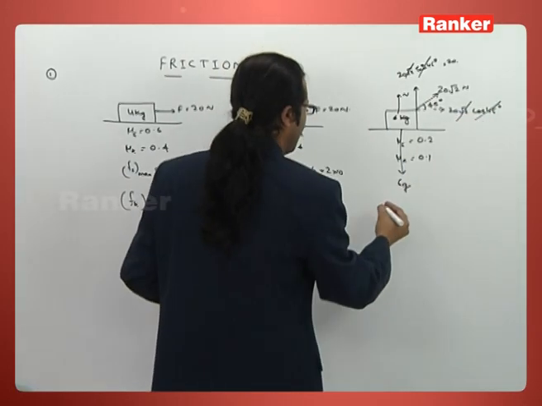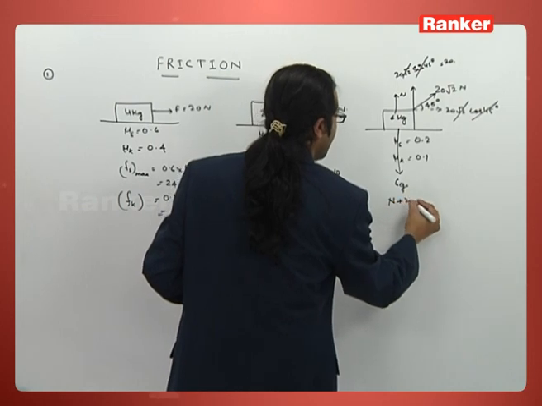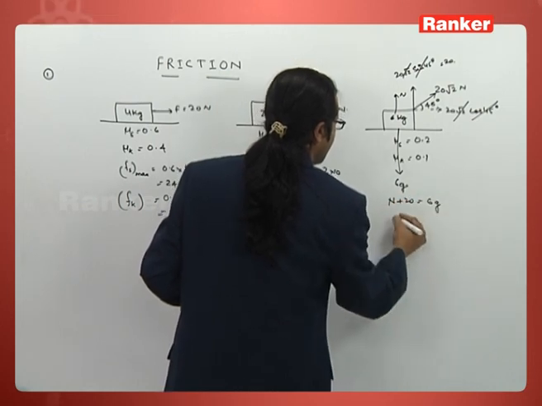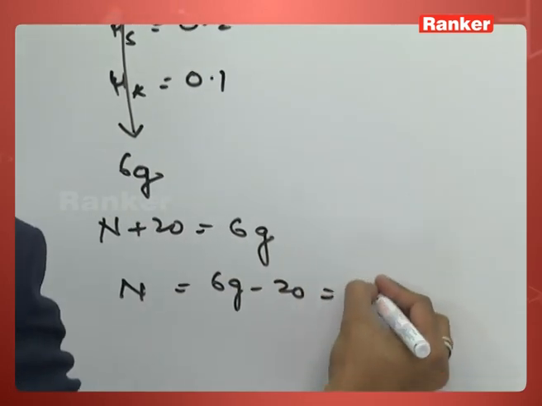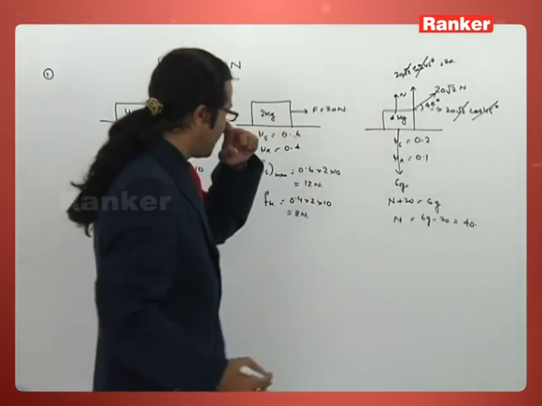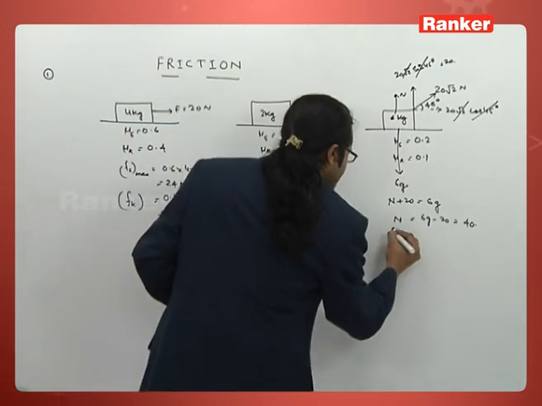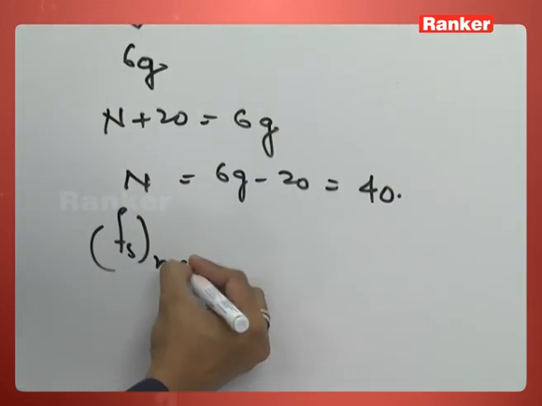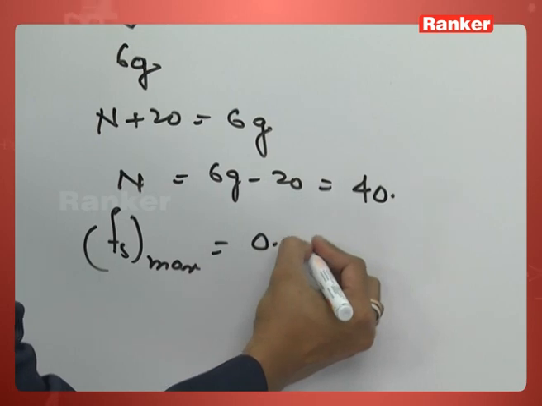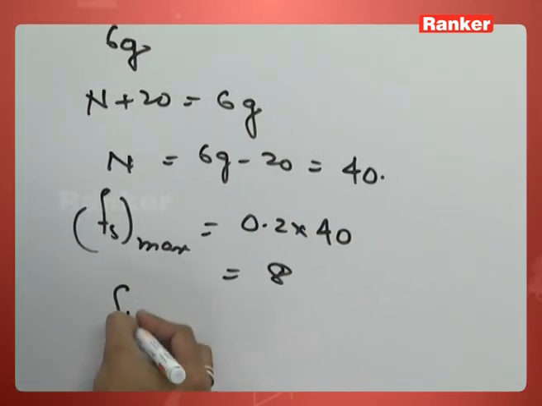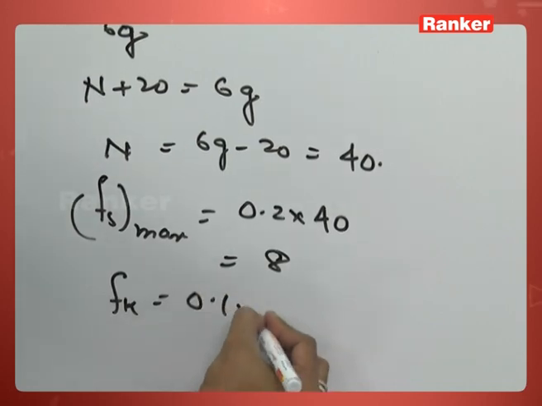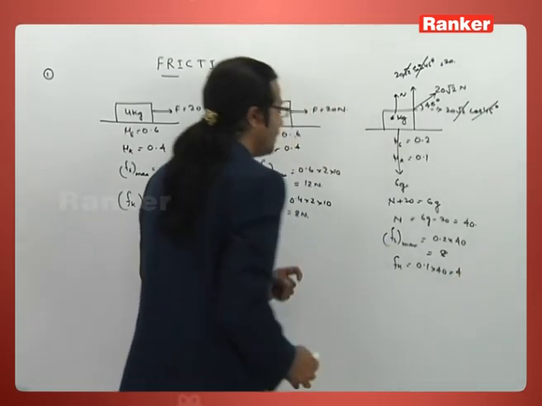So here N plus 20 is equal to 6g. N equals 6g minus 20, that is 40. So the normal force here is 40. So Fs max is 0.2 into 40, that is 8. Fk is 0.1 into 40, that is 4.